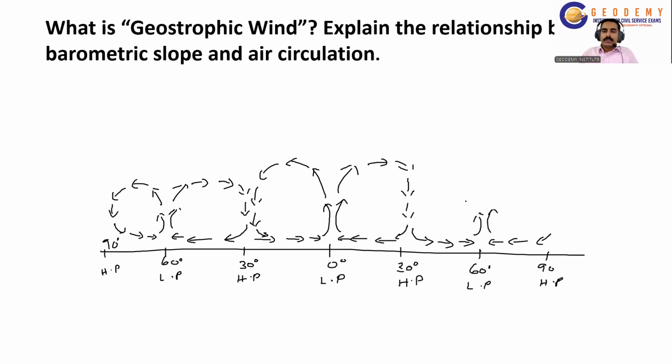So the air mass collides, expands, sinks down and the cell is formed. These cells are called the Hadley cell in the tropics, the Ferrel cell in the temperate region, and the polar cell in the polar region.